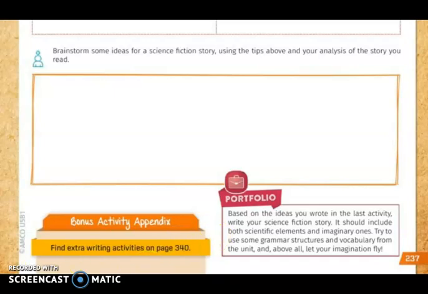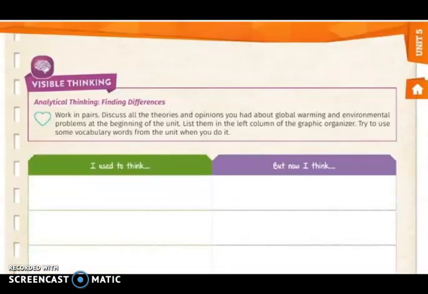in the previous text. On page 238, we have visible thinking, analytical thinking, finding differences. In this case, you are going to work individually. You have to write your opinions about global warming and environmental problems at the beginning of the unit, the topics that we saw. Then you are going to list them in the left column. On the graphic organizer, you are going to try to use some vocabulary words from the unit.